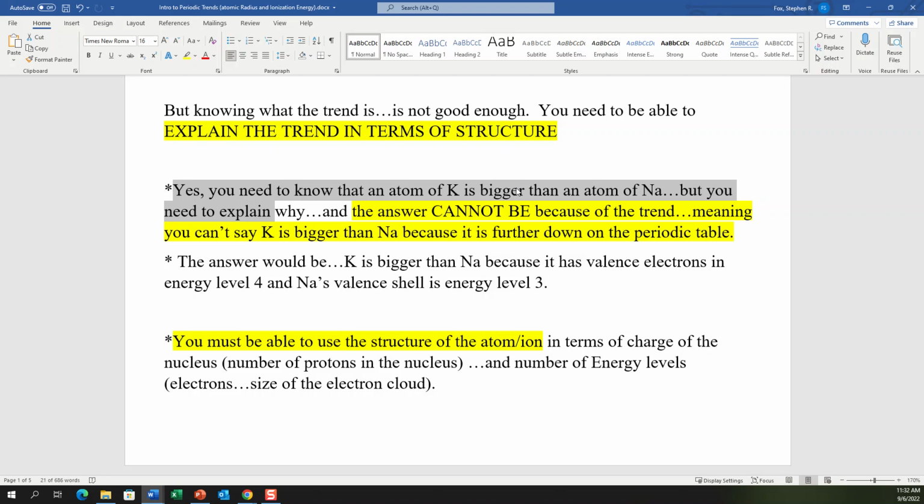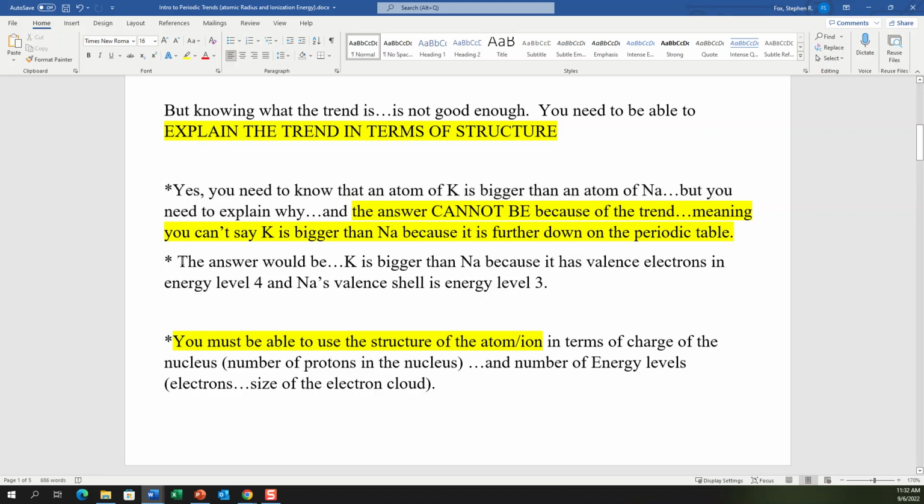But in AP chemistry, if you're asked why a potassium atom has a bigger radius than a sodium atom, you can't say because atomic radius increases as you go down the periodic table. That's true, atomic radius does increase as you go down the periodic table, but you have to use the structure of the atom to explain why potassium has a bigger radius than sodium.